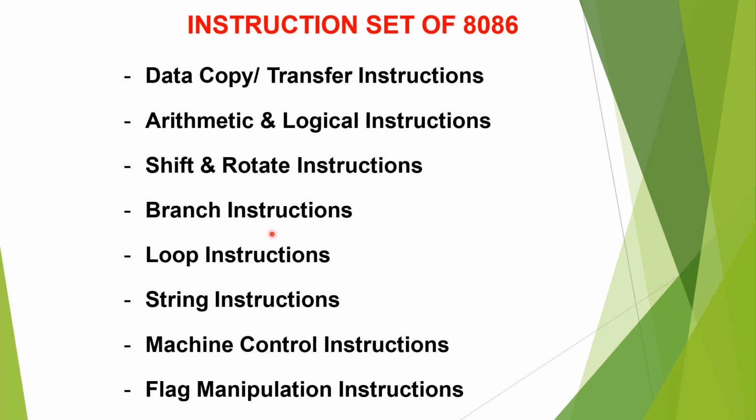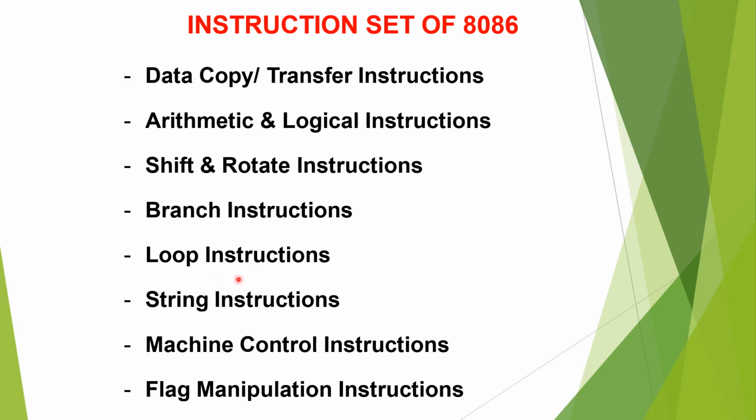And branching instructions. Branch instructions are used for transferring the execution control to a specified location. This is very useful when we are dealing with procedures, subroutines and interrupts.